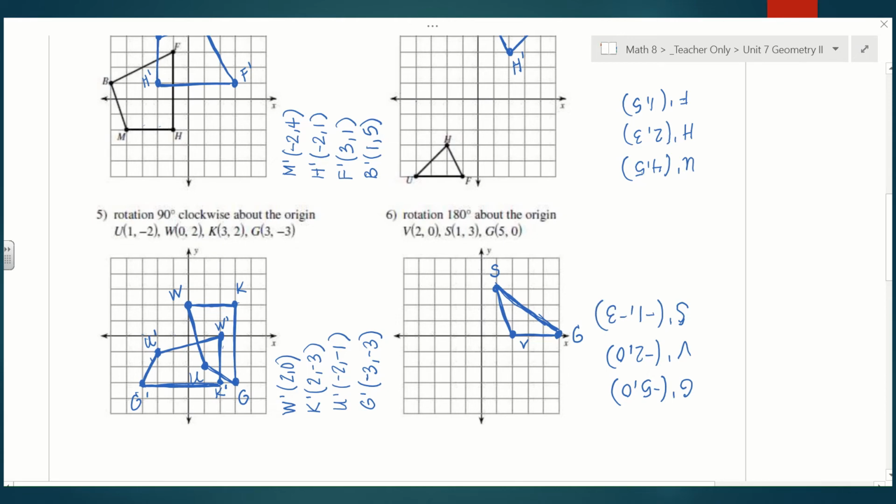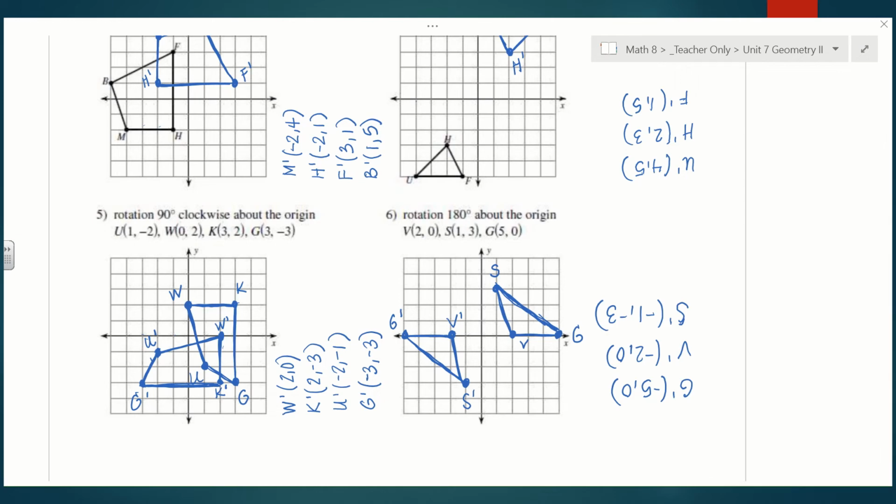Okay, let's go ahead and put paper back. And we're going to plot those. Okay, so that's how your 180 degree rotation should look.